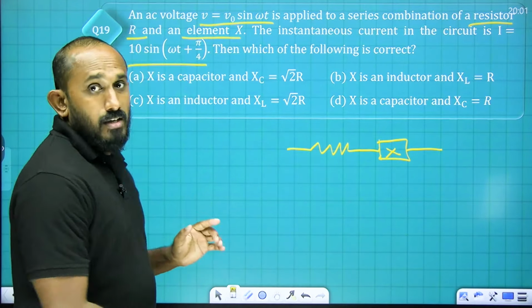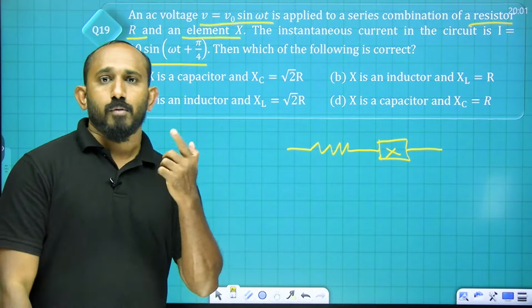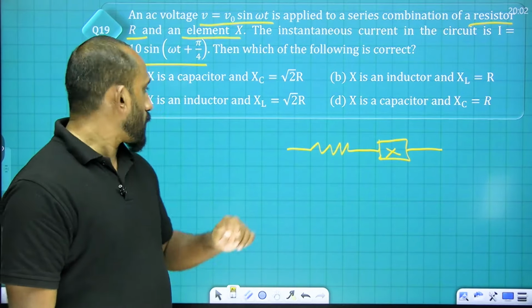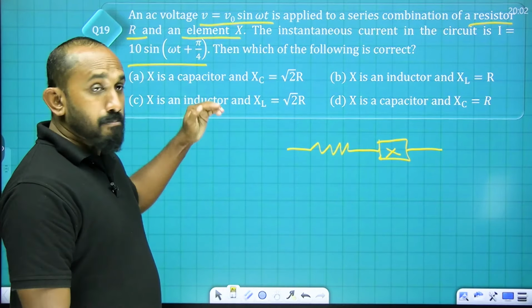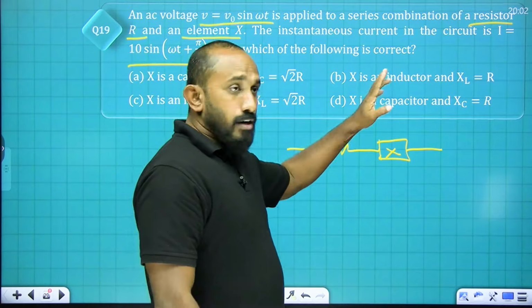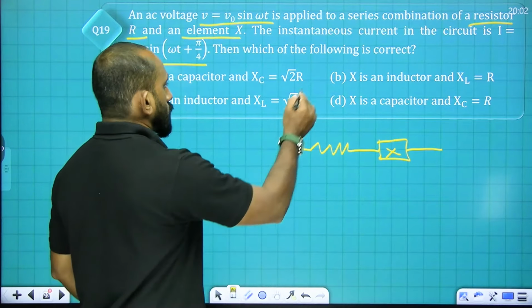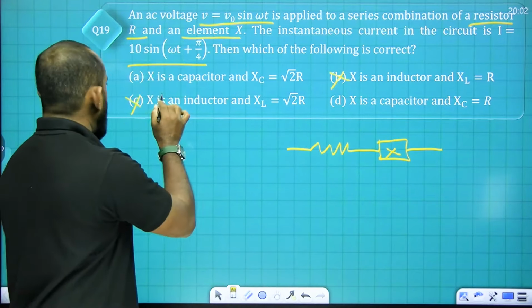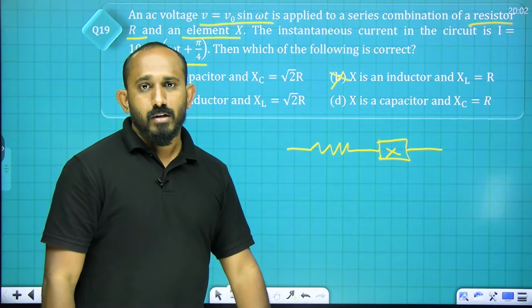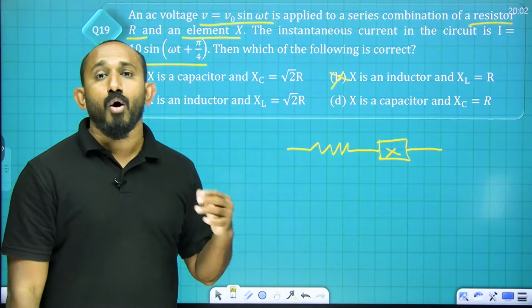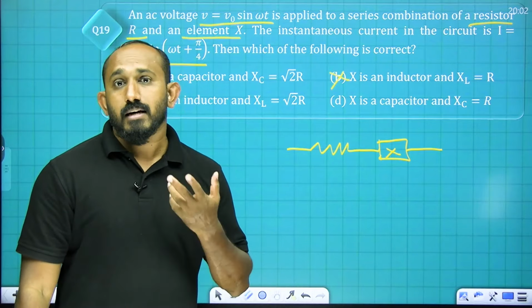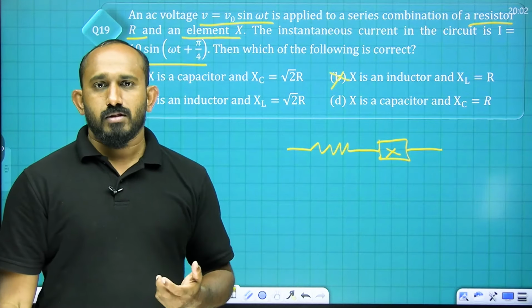So X is a capacitor; A may be the answer. B is not the answer, C is not the answer, and A or D can be the answer. Now one more thing is asked: how much is the capacitive reactance XC? That we have to find out.